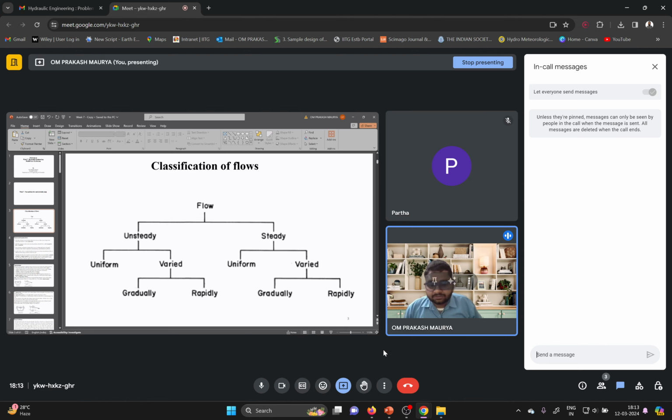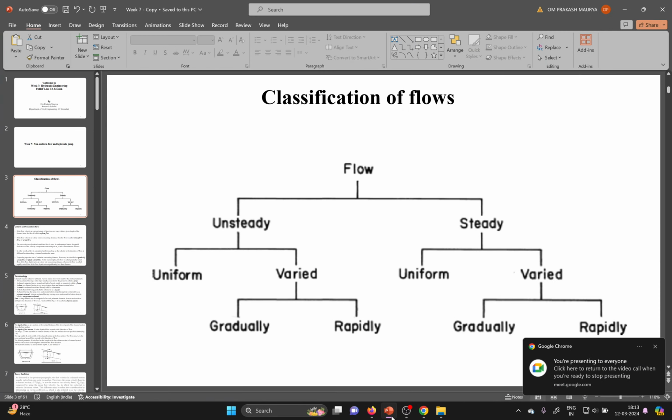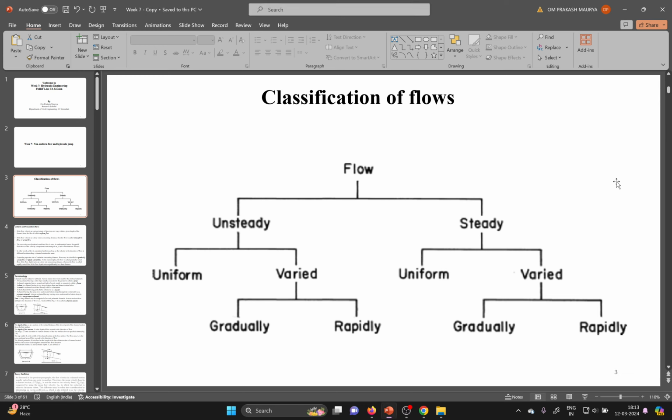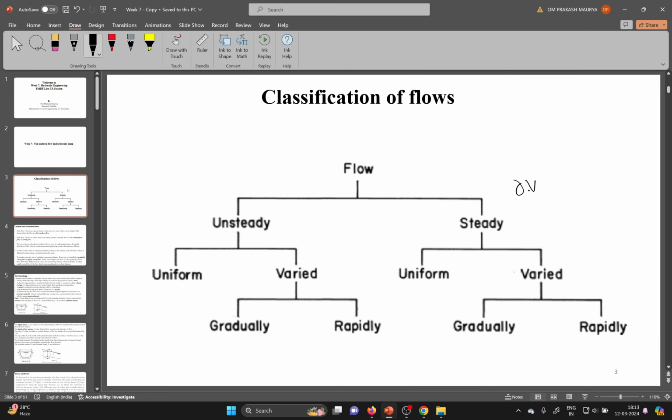Okay, let us discuss what I was discussing: basically, steady flow and unsteady flow. Steady flow is nothing but no change in a fluid flow parameter, for example the velocity.